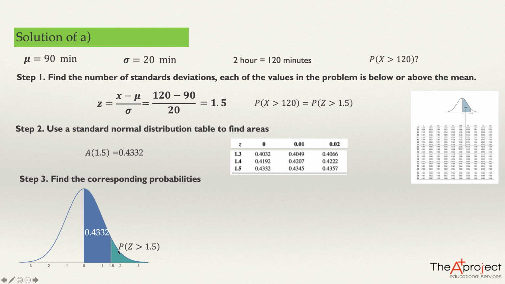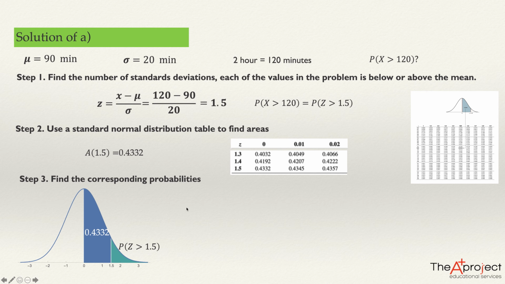I'm looking for that. But now that I have this information, it will be easy to know what this area is, because I know that this is a completely symmetric curve. So from 0 to the right, the area will be 0.5, half of the 100%. So this green area plus this blue area will give me 0.5.